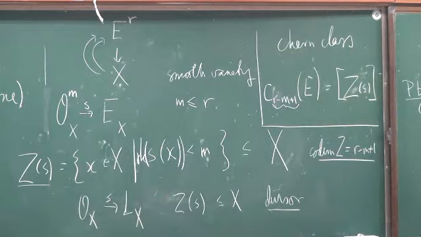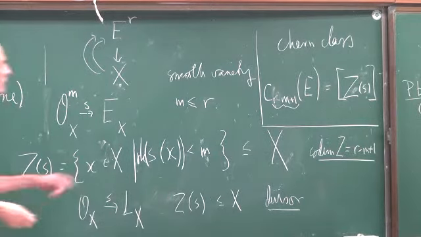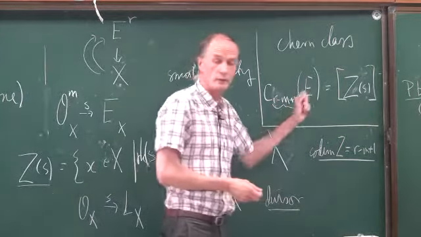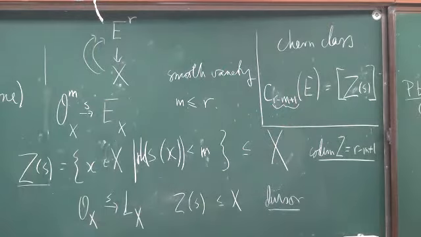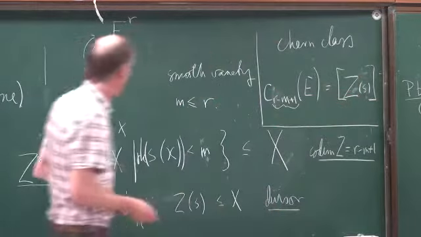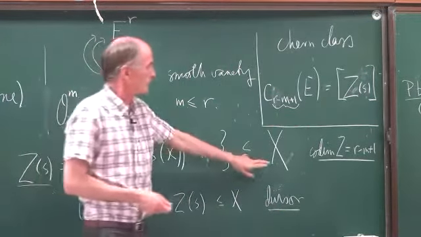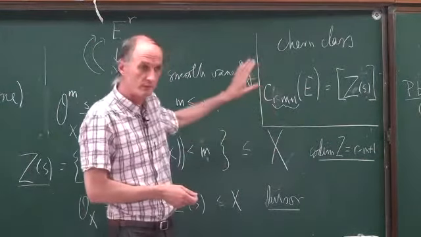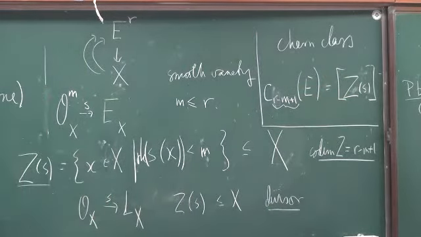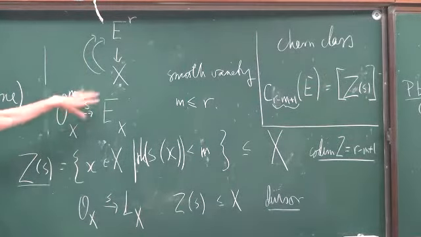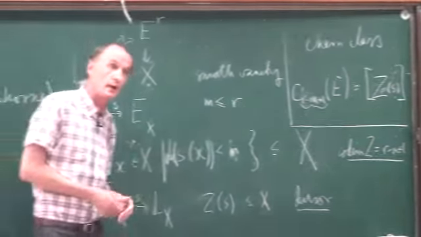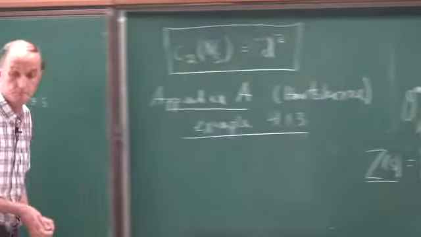So what I've described to you is how this particular Chern class of the vector bundle gives you a geometric object, a subvariety of X. Well, the right way of saying this is more that it's a cycle, the class of a subvariety in X. And in general, you don't necessarily have lots of sections, but you can define Chern classes anyway, in a similar way.